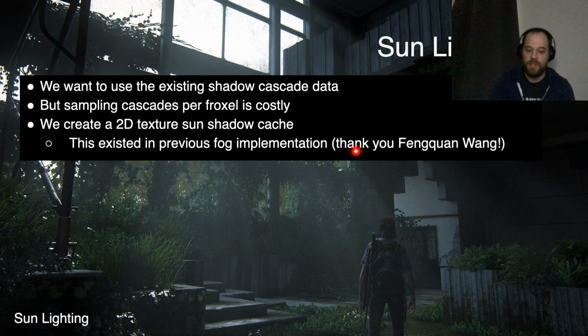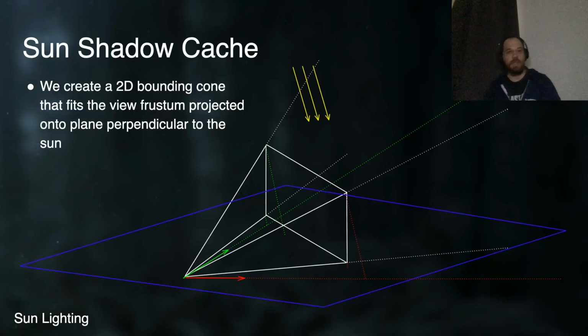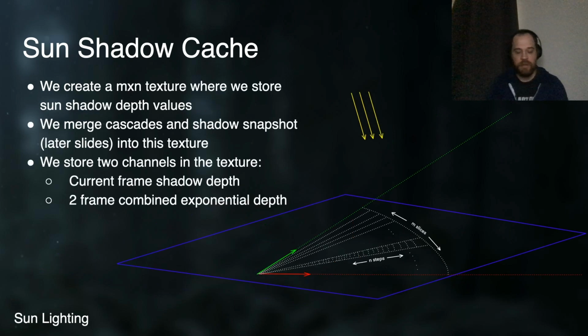We just improved on it, which was a shadow cache that was made by Finchuan Wang, who left Naughty Dog. But thank you very much, Finchuan, for the contribution. The idea is that we just project our view space into a 2D cone on a plane perpendicular to the light source, and then we create this kind of M by N texture where it's basically slices. Every row in a texture is a slice in this particular cone, and that's where we cache the shadow.